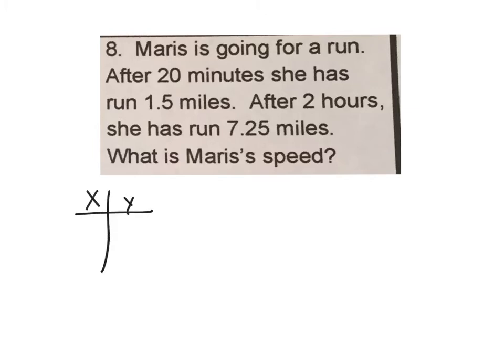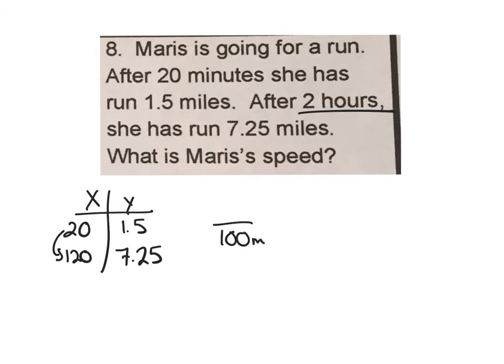So in 20 minutes, she ran 1.5 miles, but change your hours to minutes. So in 120 minutes, because 2 hours is 2 times 60, she ran the 7 25/100ths. If you think about finding the change, this went up by 100 minutes.